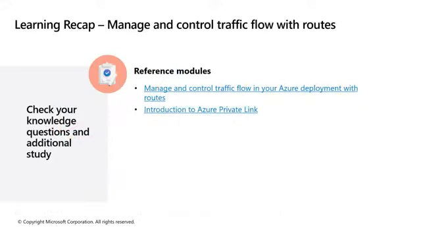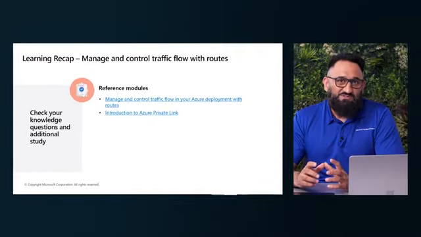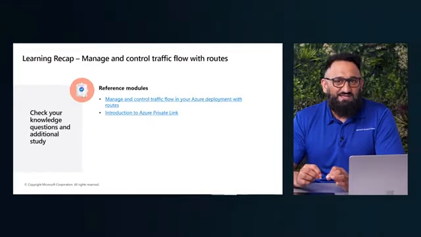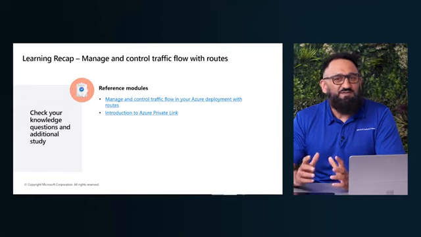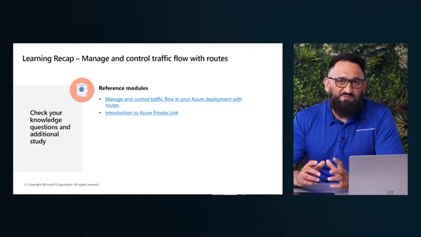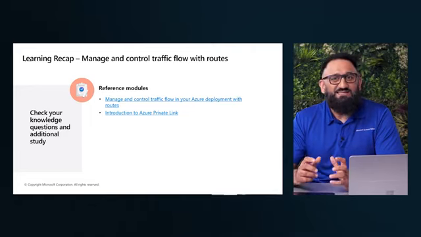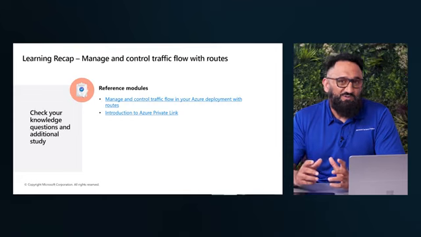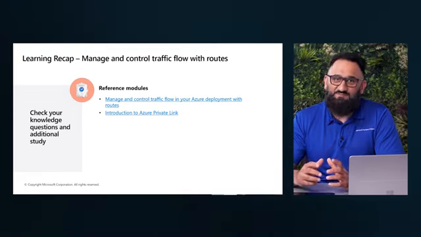Now this brings us to the end of the module. As we conclude this module on administering intersite connectivity, let's recap the key points we've covered. We started with configuring VNet peering, where we learned about the uses of VNet peering, gateway transit, and connectivity needs. We also explored how to create VNet peering and determined service chaining uses.